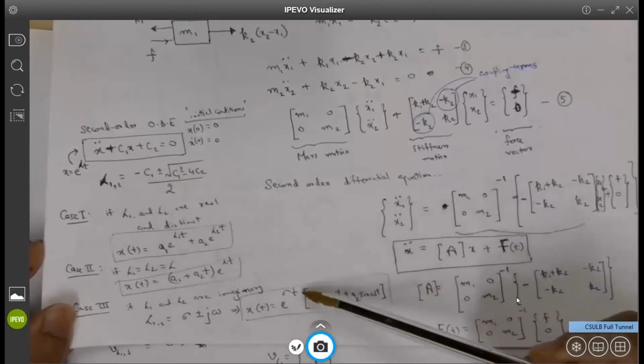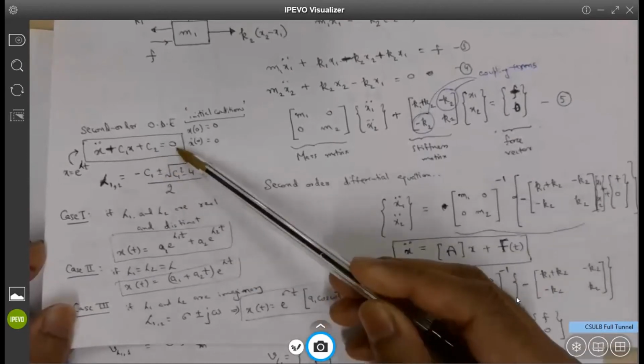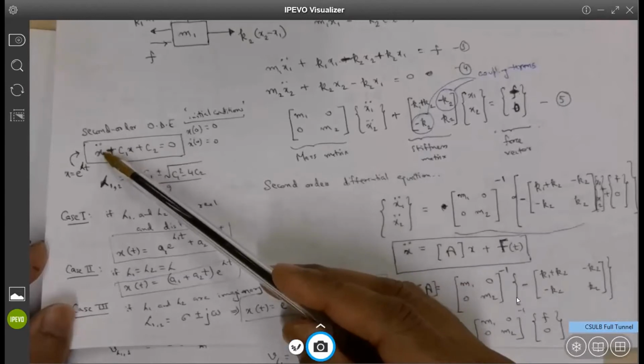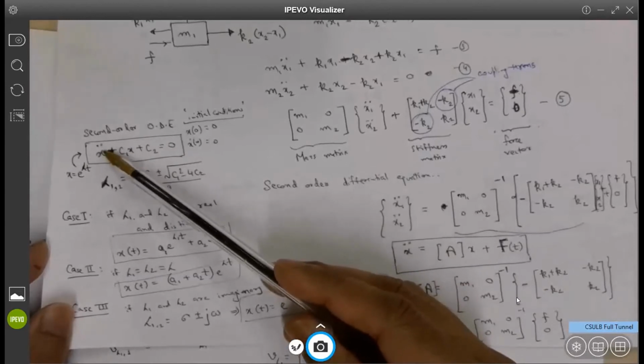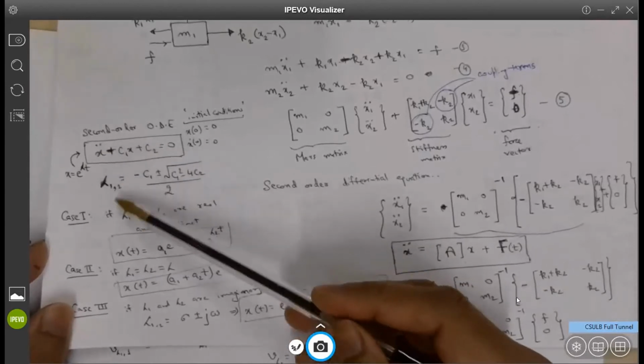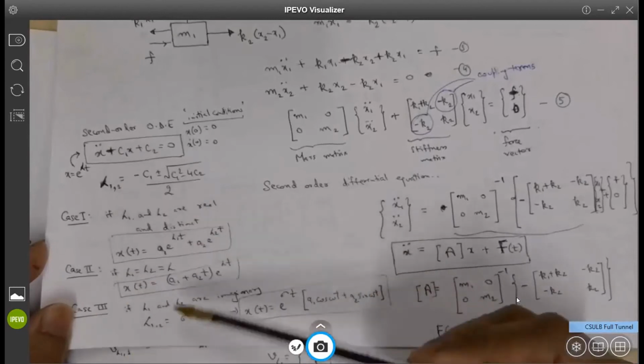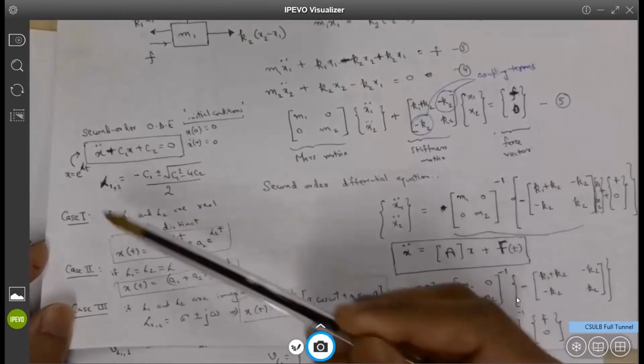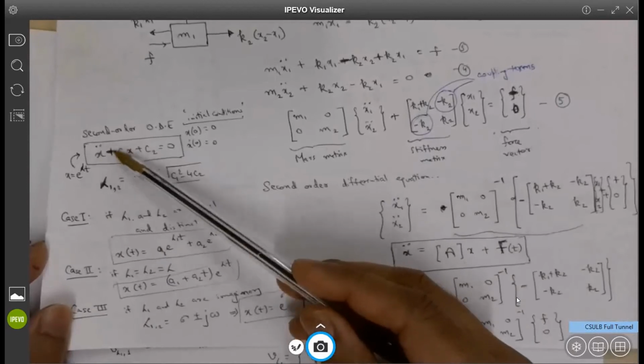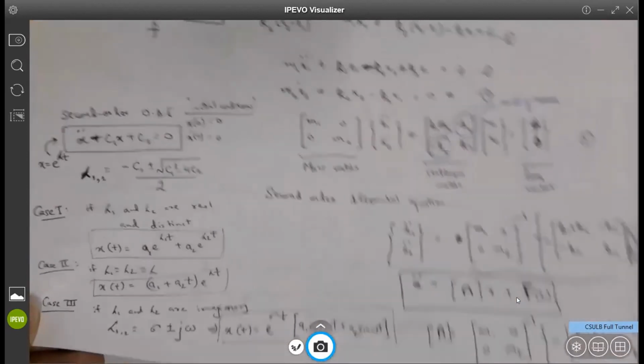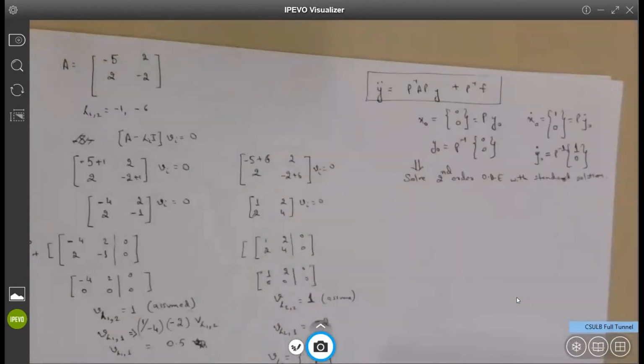So you get this specific solution for second order ODE. But if the order is third or fourth, we do not have this type of solution methodology available. So here we are going to use the state space concept.